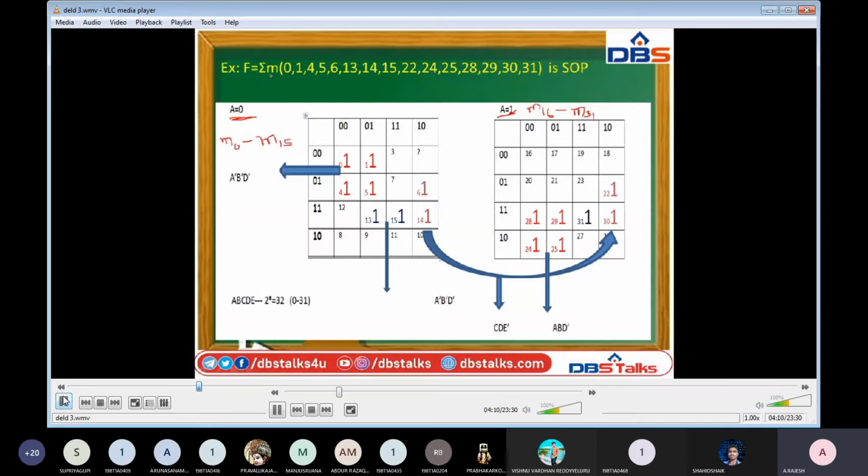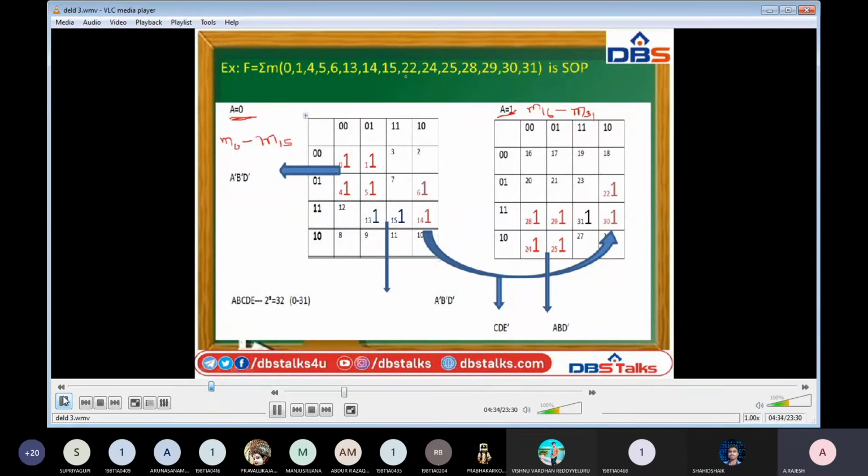See what they have given: sigma m is equal to 0, 1, 4, 5, 6, 13, so we have to plot these. So 0, 1, 4, 5, 6, then 7, 8, 9, 10 are not there, then 13, 14 and 15.